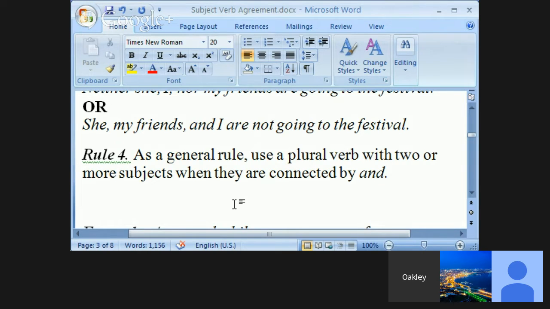A cat and a dog. Neither boys... No, anything you want. I just want two subjects, whatever. I don't care what you do with "and" something else and then a verb. That's it. That's all I'm looking for.